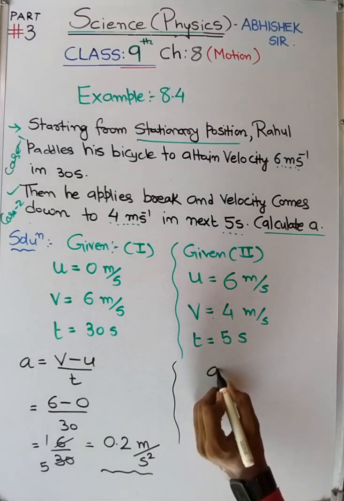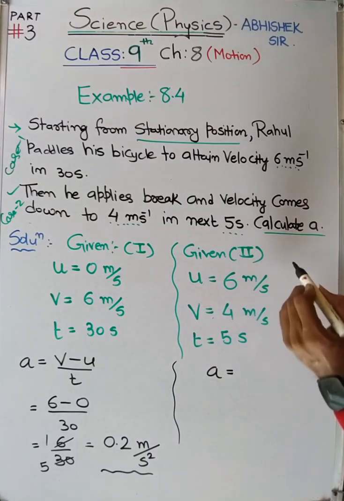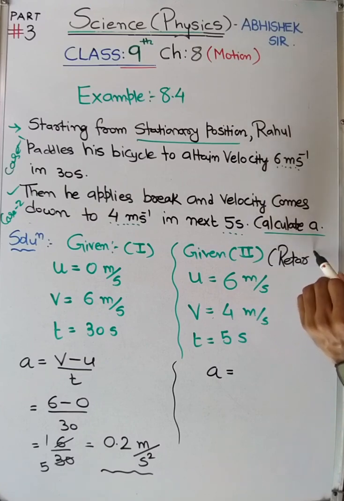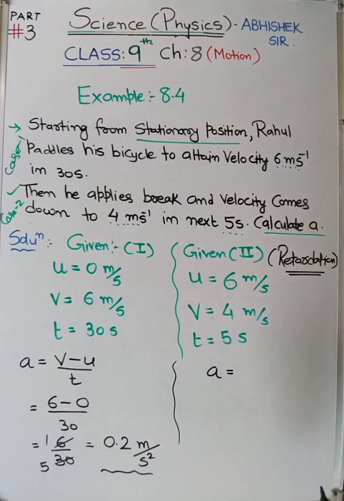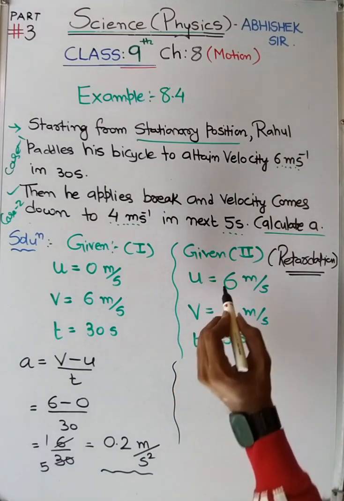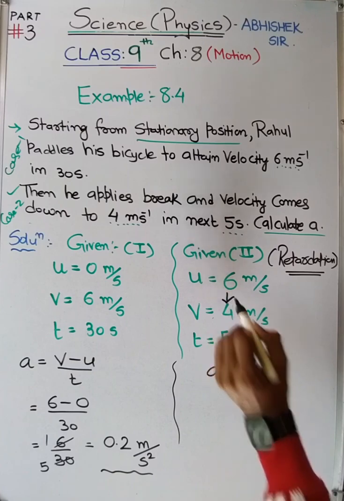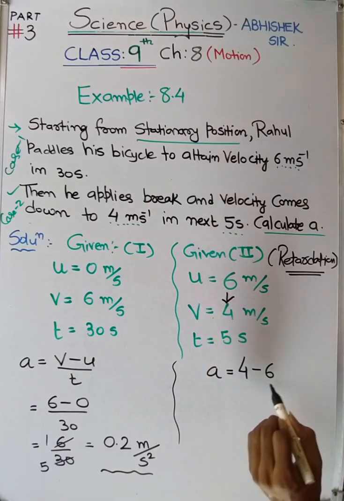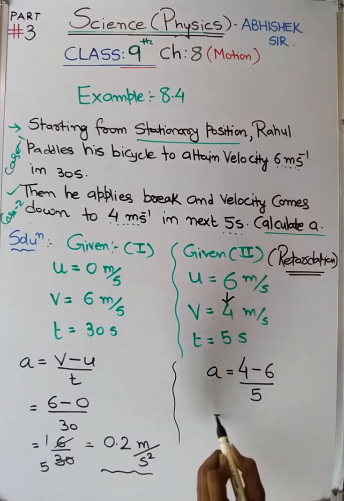So the first answer we already got. Now let us start with the second answer. Now velocity is decreasing, so this is a case of retardation. Clear? Let us see if acceleration is negative or not. Here velocity decreases from 6 to 4. So final velocity is 4 minus initial velocity 6, and time taken is 5. Clear?